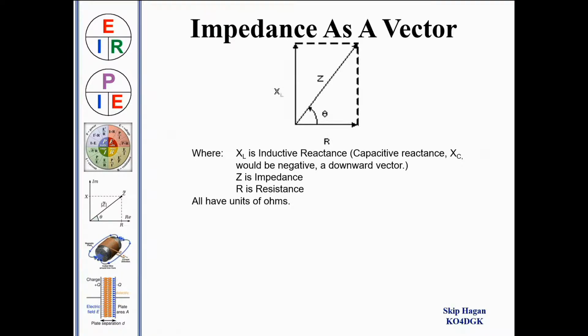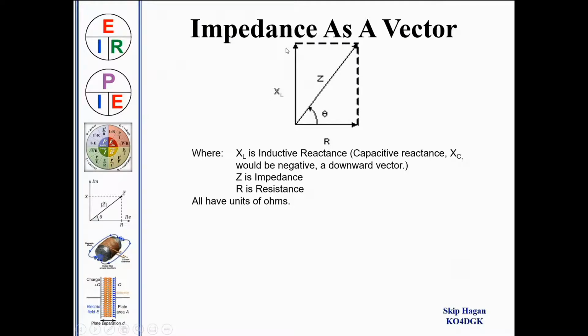And this is an example of impedance as a vector. We have X sub L. In this case, we can assume there is no capacitive reactance because all we're seeing here is inductive reactance. If there was some capacitive reactance, we have enough inductive reactance to cancel it out.